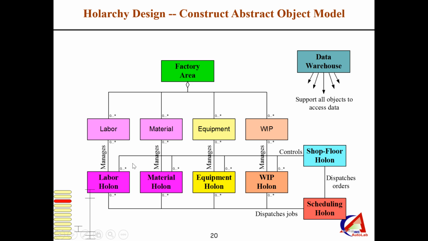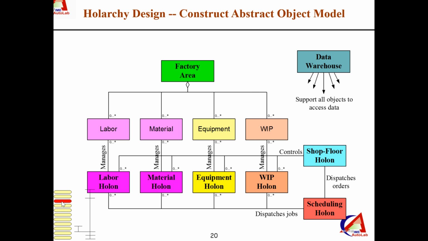But what we try to do is partition the functions so that each function can operate alone, but they can still cooperate or interoperate with each other. So you see, this is just after constructing the abstract object models shown here.